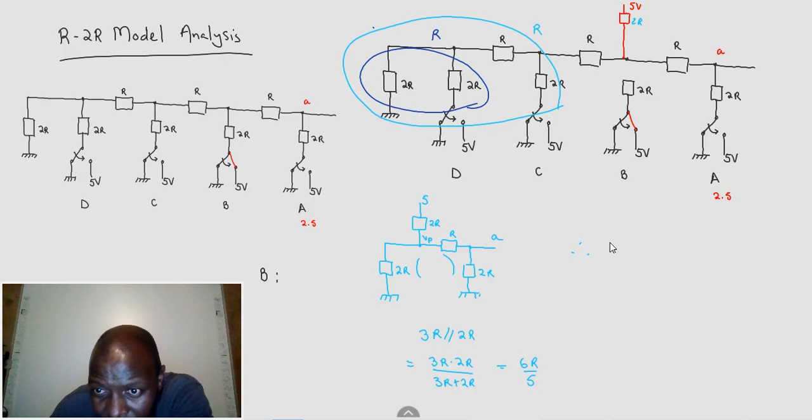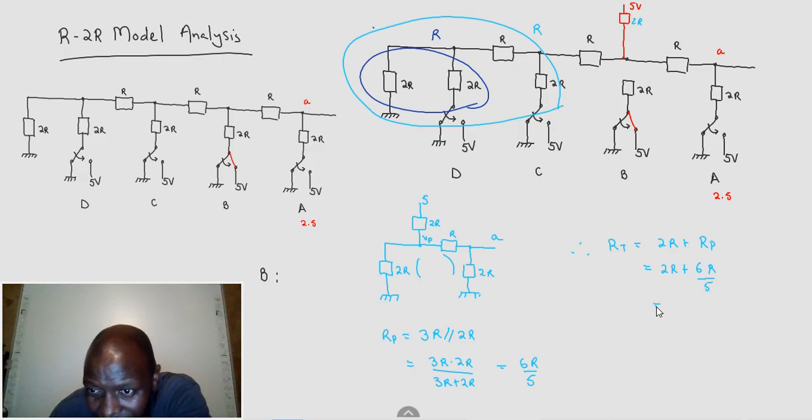Therefore, R total is simply equal to this 2R plus the parallel. Let me call this R parallel, which was that. So R total equals 2R plus R parallel, which is equal to 2R plus 6R over 5.